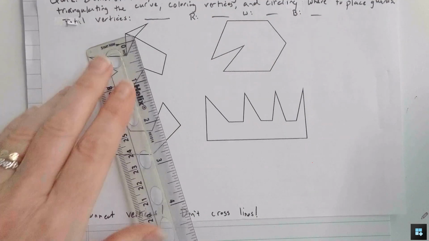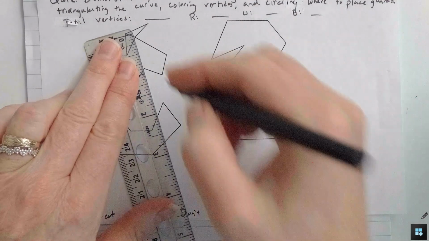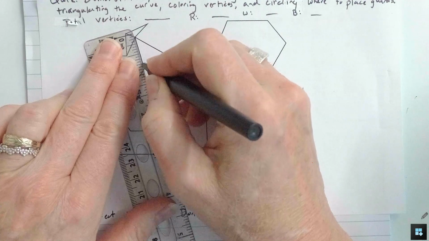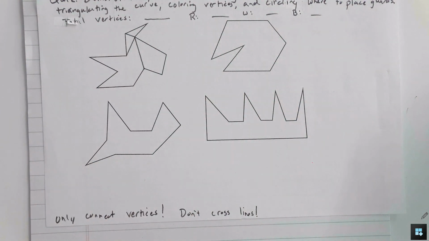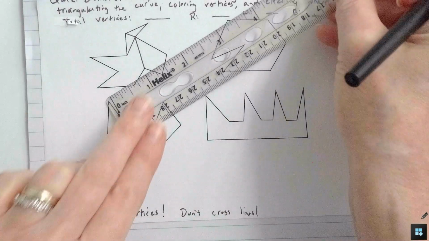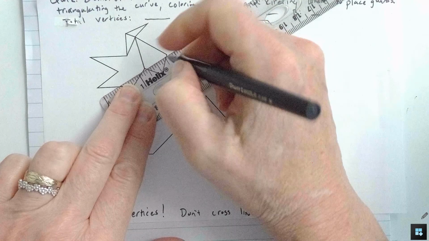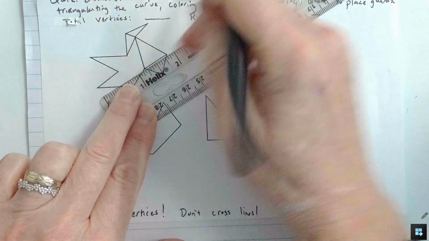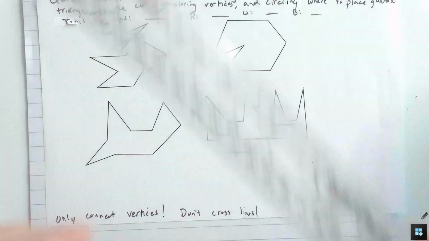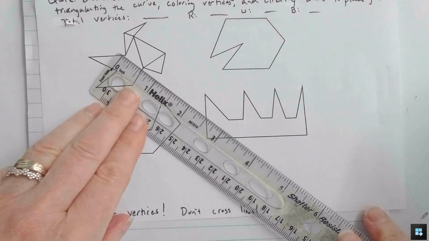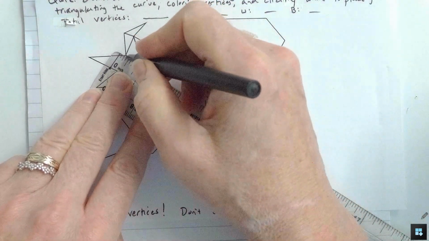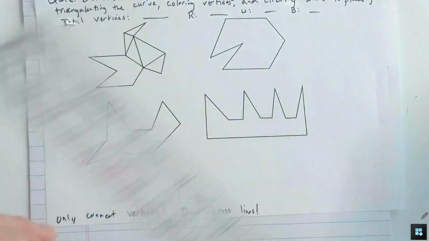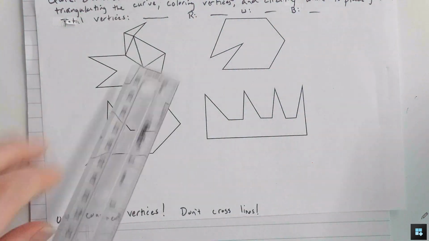And I'll connect here. So that time when I connected two vertices, I didn't make any triangles. But that's okay, I can keep going, right? I'll connect here and here, and that will make a triangle. So only connect vertices. Don't cross lines at all on the inside.